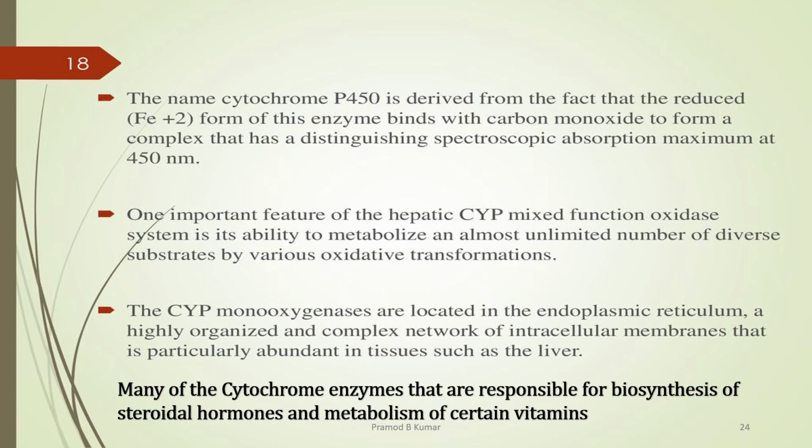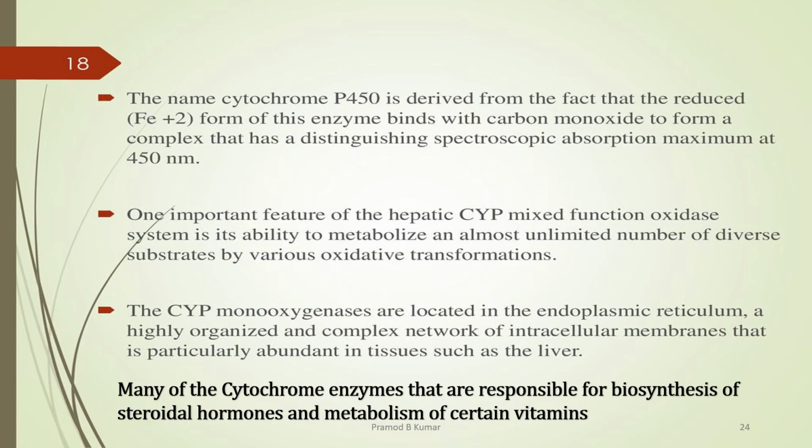It is one of the most important features of this hepatic mixed function oxidase system, its ability to metabolize an almost unlimited number of diverse substrates by various oxidative transformations. So this particular enzyme acts on many of the target substrates.